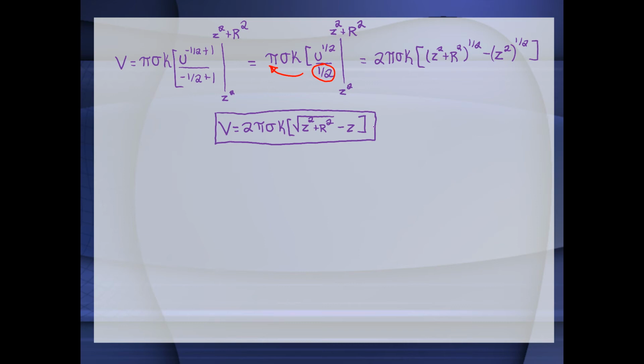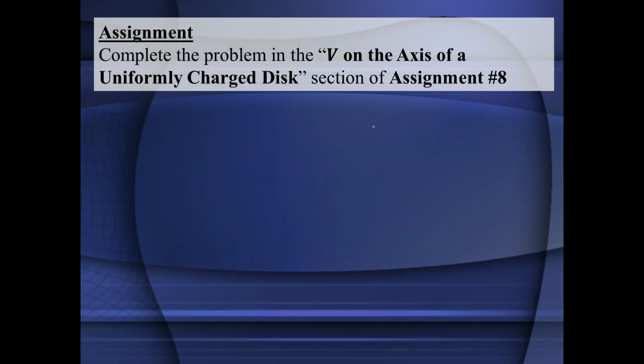That would be a lot easier than trying to set up the electric field integral on your own. I believe in the assignment section for electric potential on the axis of a disk, assignment number 8, I asked you to do that, to figure out the electric field by taking the derivative of that equation.